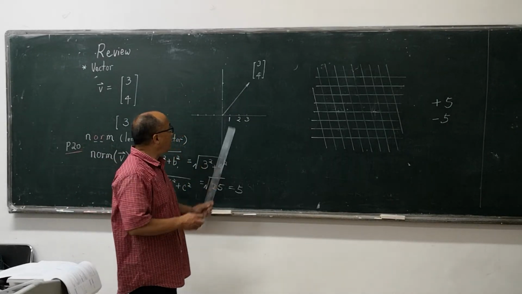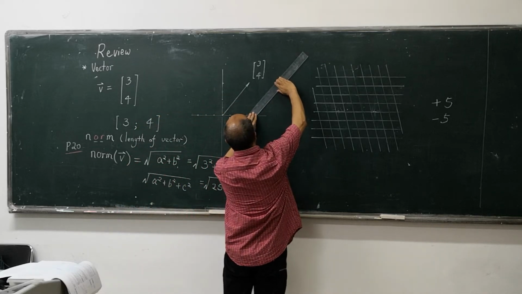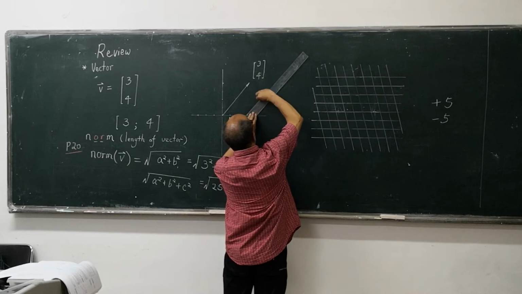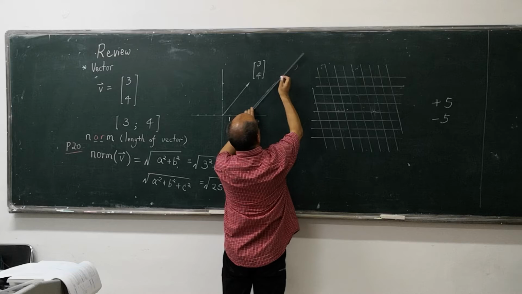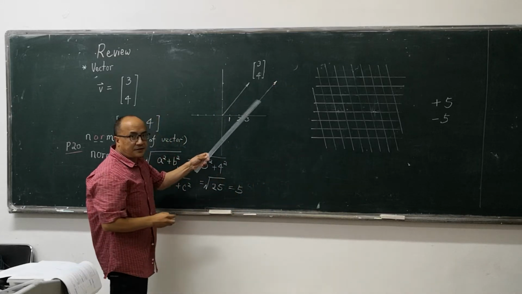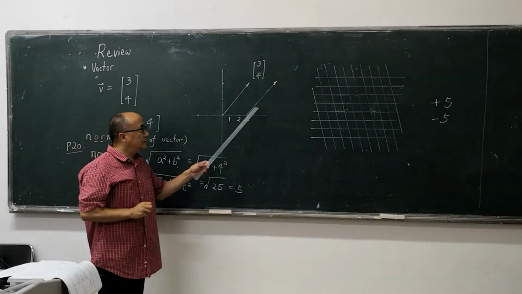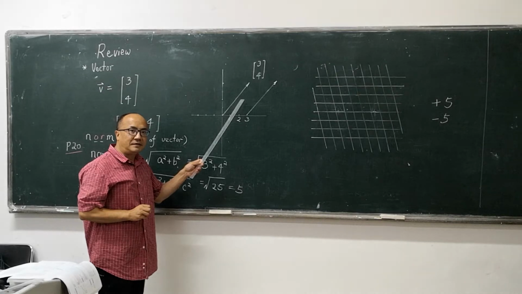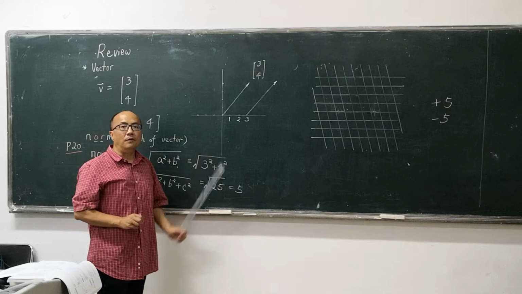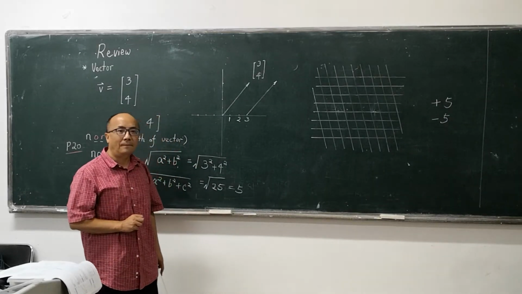This is 3, 4. If I draw starting from here, this vector and this vector are exactly the same. This is also 3, 4.